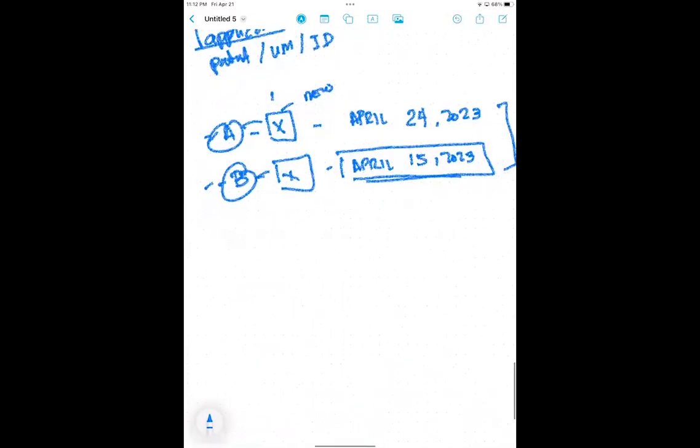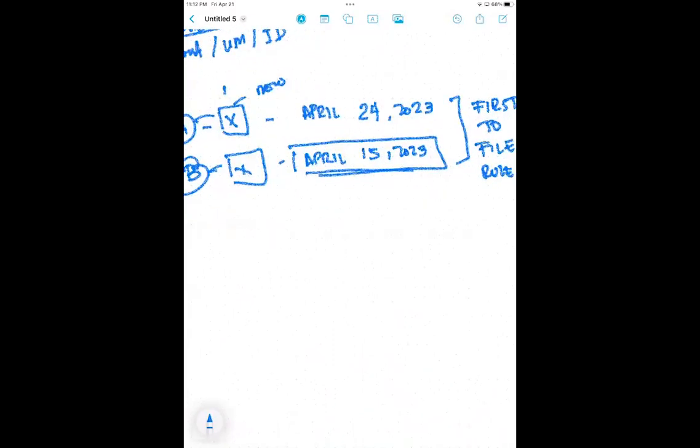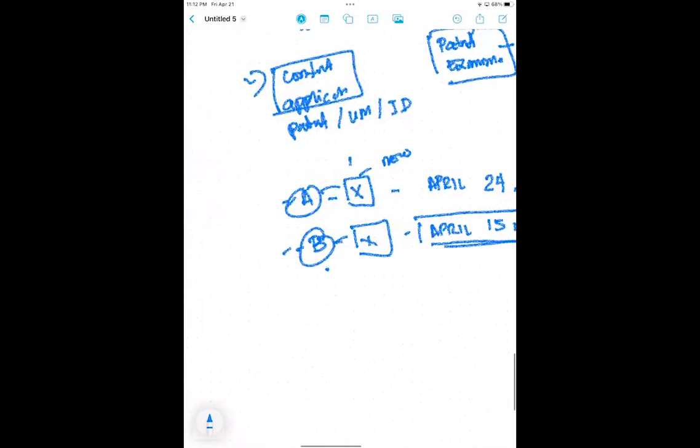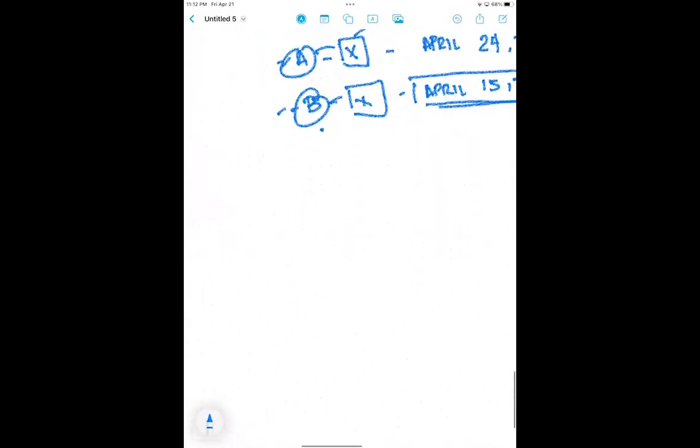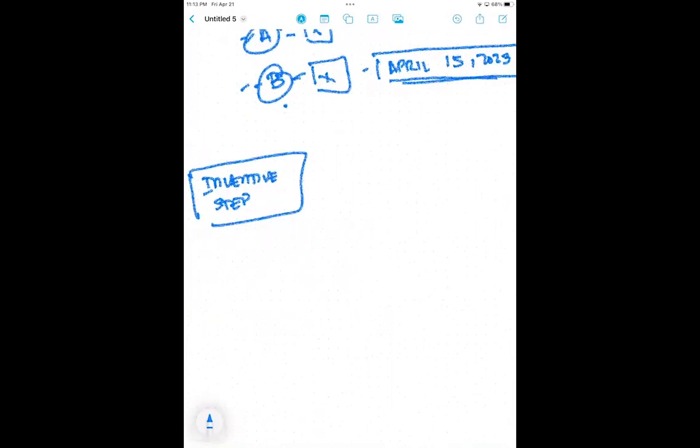Nagkataon lang that B was able to file the application first. Then, because of the first to file rule, the patent should be given to B. Okay? So that is the element of novelty or new. The second element is that the invention must involve an inventive step. Okay?